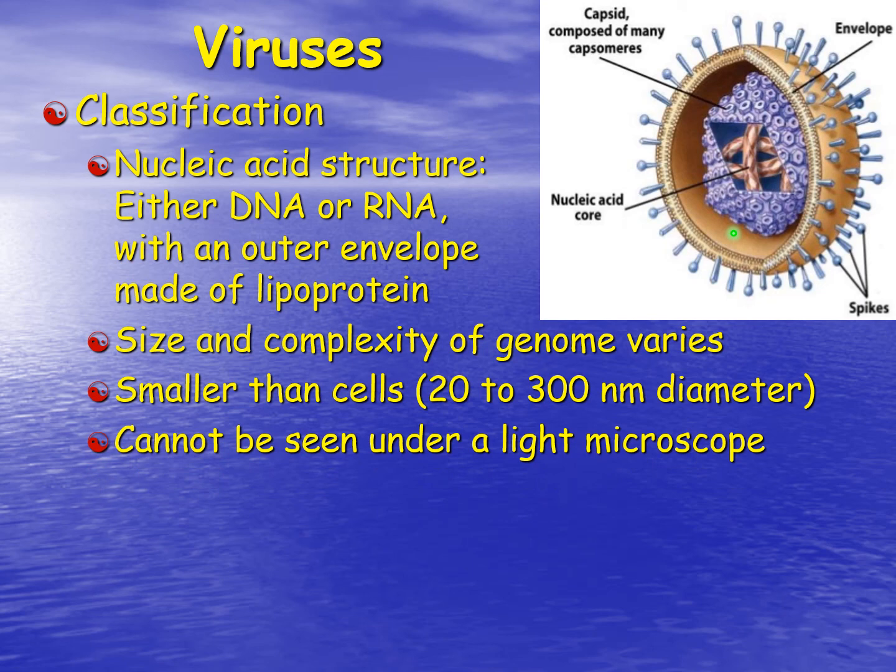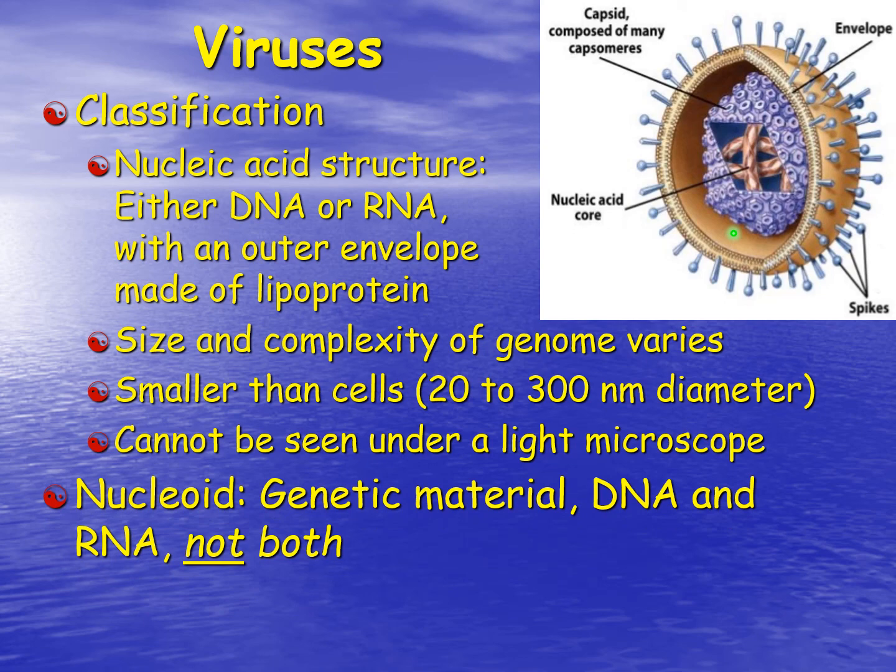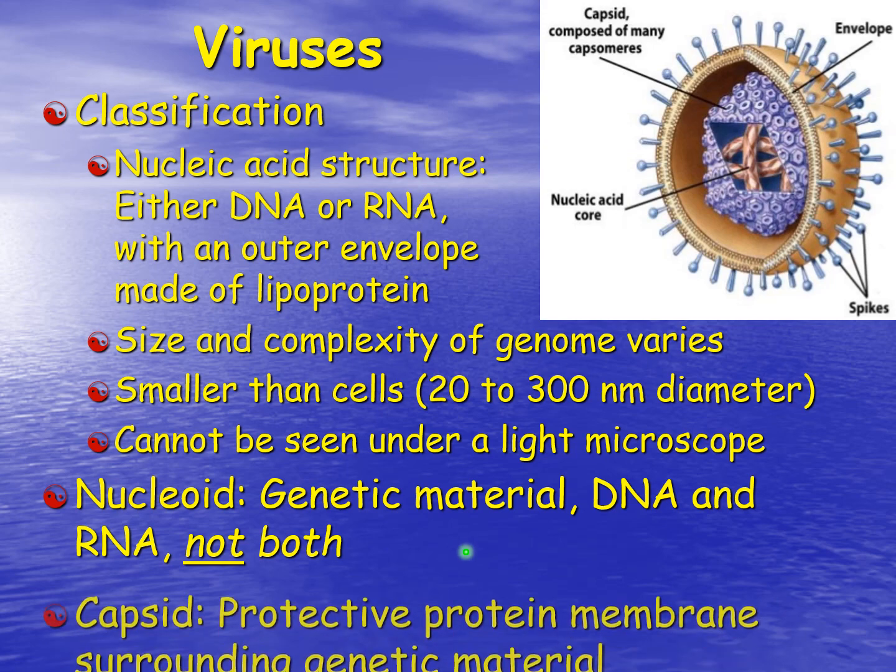They cannot be seen under the light microscope. The nucleoid, or the nuclear core, contains either DNA or RNA, but never both. So we can classify them as DNA-carrying viruses or RNA-carrying viruses.